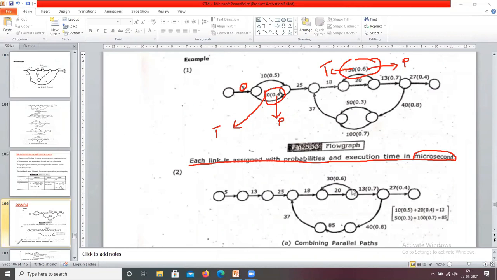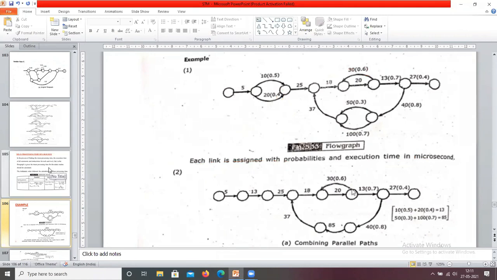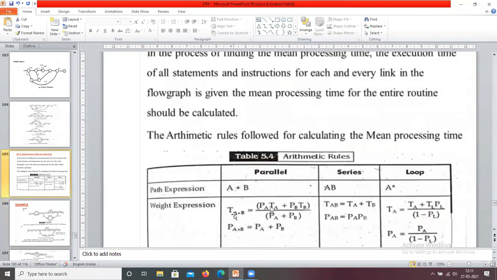Now, after combining all the parallel paths, what is the formula for combining them? This is the formula for time: T a plus b equals pa ta plus pb tb by pa plus pb, that is, probability of a into time of a plus probability of b into time of b, divided by probability of a plus probability of b.